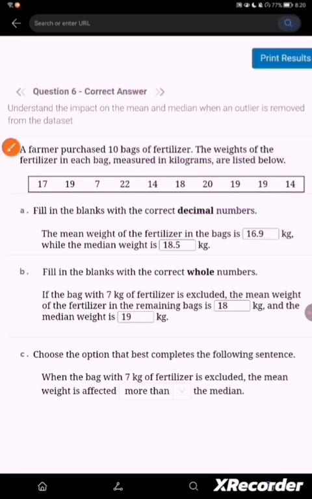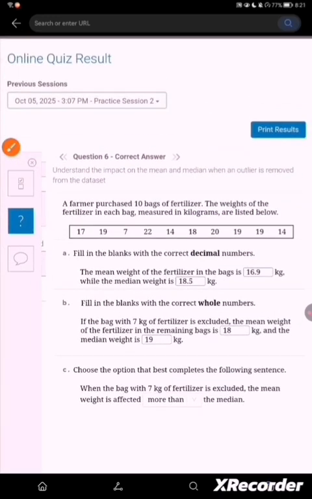Now the median weight, okay? So they're asking for the median. Once again, you have to look at the values. Are they arranged or not? You can see that they're not arranged, so you have to arrange them first and then start crossing out.